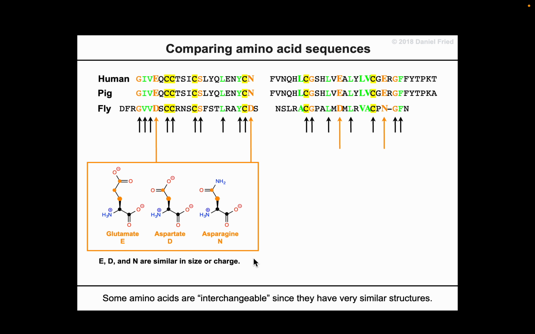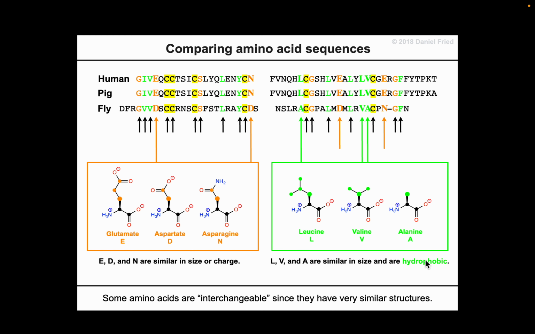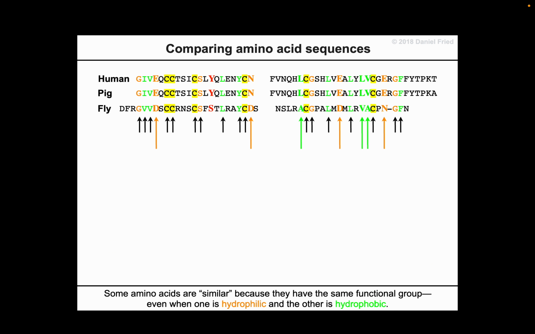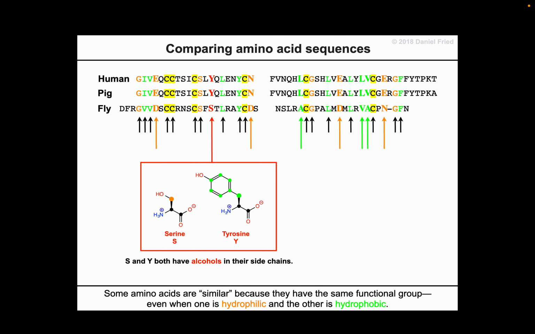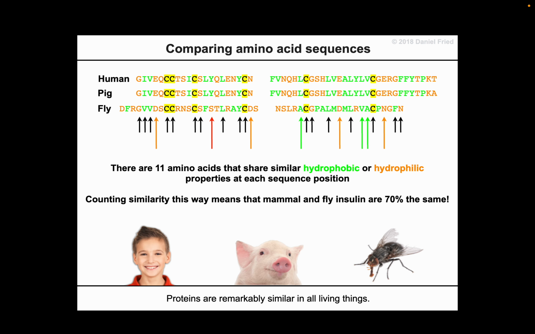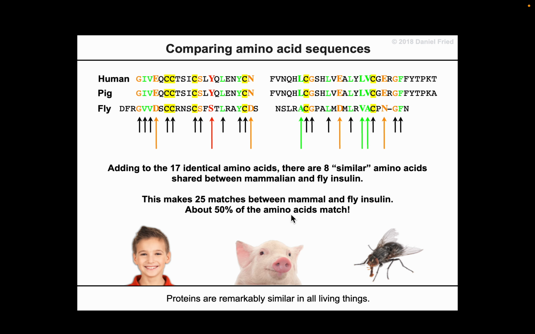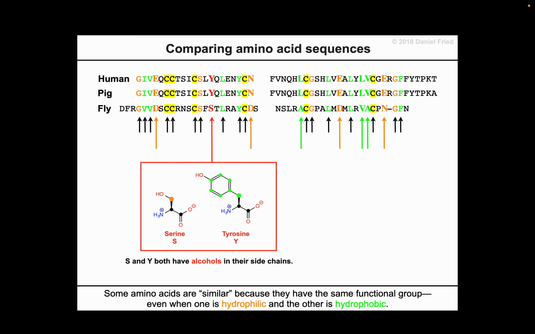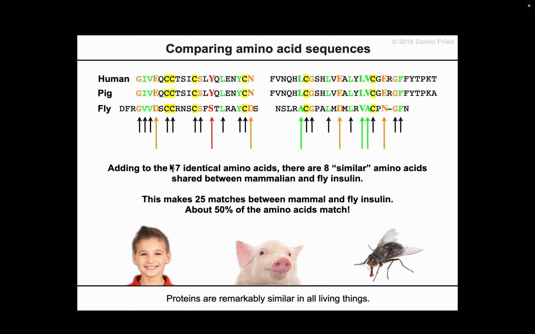E, D, and N are similar in size or charge. L, V, and A are similar in size and are hydrophobic. They are so similar. Interesting, isn't it? S and Y both have alcohols in their side chains. And so, according to this, there are 8 similar amino acids shared between mammalian and fly insulin.